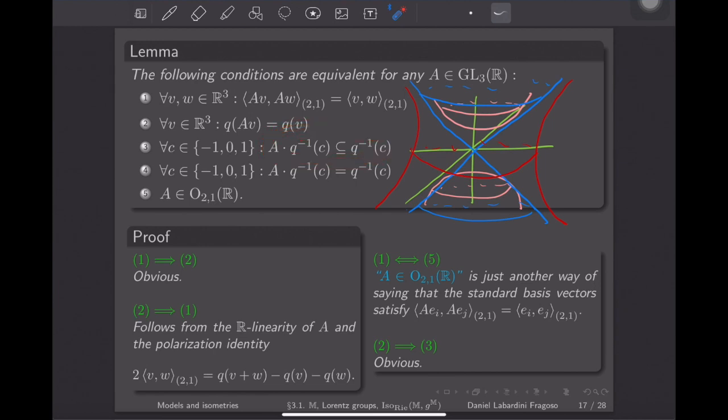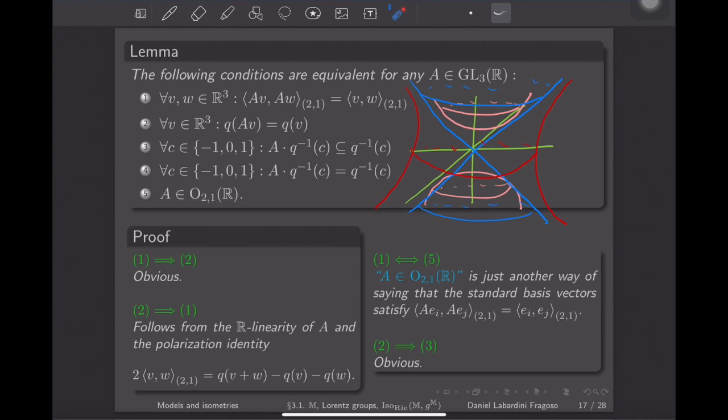It also preserves the blue, the cone, and the red, just sending each to itself. The next condition is that it's enough that it sends pink inside pink, blue inside blue, and red inside red, so that it actually preserves each of them bijectively.